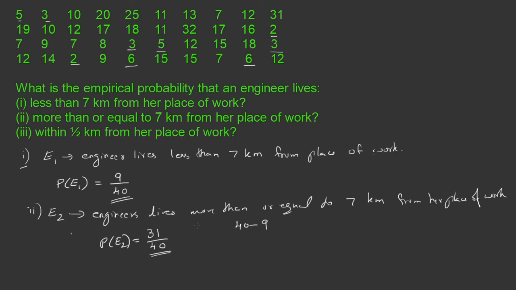Because E2 is engineers who live more than or equal to 7 km from her place of work. So, if I subtract engineers who live less than 7 km from place of work from the total number of engineers, I will get engineers who live more than or equal to 7 km from place of work. That is 40 minus 9 is equal to 31.